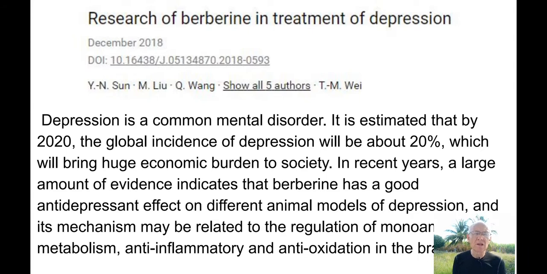So it helps to produce. So it works as anti-inflammatory, anti-oxidation, and it reduces depression, because the bacteria may produce more serotonin, and serotonin gives us some more energy.